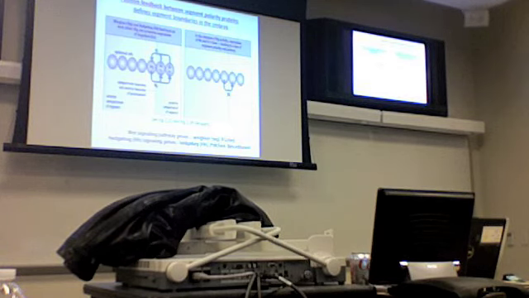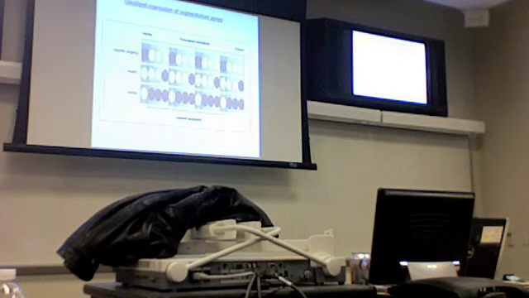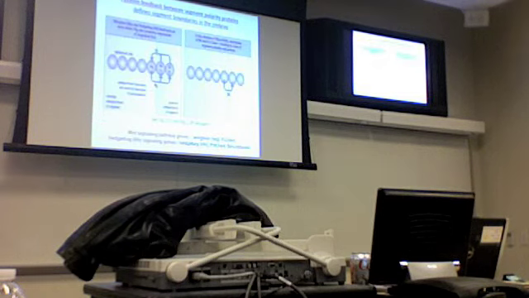So if we look at the boundary between two parasegments, we can see here that engrailed and hedgehog are expressed at the more anterior regions of the parasegment, like shown here. And wingless is expressed in the most posterior cell of the previous parasegment, so its neighbor.